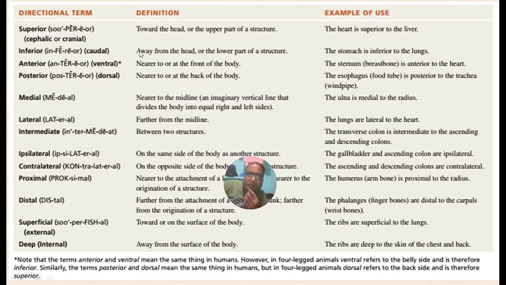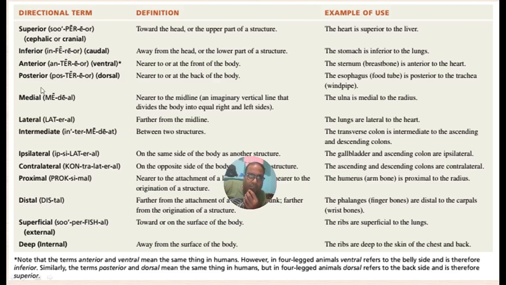Similarly, inferior or caudal, away from the head. Inferior, away from the head, we can say, or the lower part of the structure. The stomach is inferior to the lungs, so it means below, down, nearer to the tail region. Stomach is inferior to the lungs.